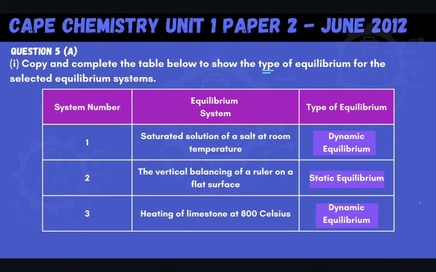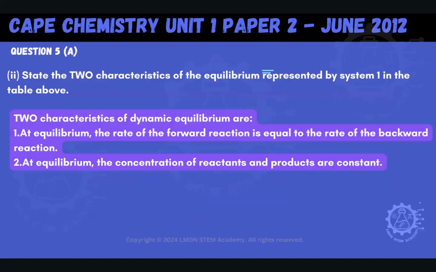So we have a dynamic equilibrium, and really the feature of any dynamic equilibrium situation is that at equilibrium, the rate of the forward reaction is going to equal the rate of the backward reaction. And then a second characteristic is that at equilibrium, when you have a dynamic system, the concentrations of reactants and products are constant, right?